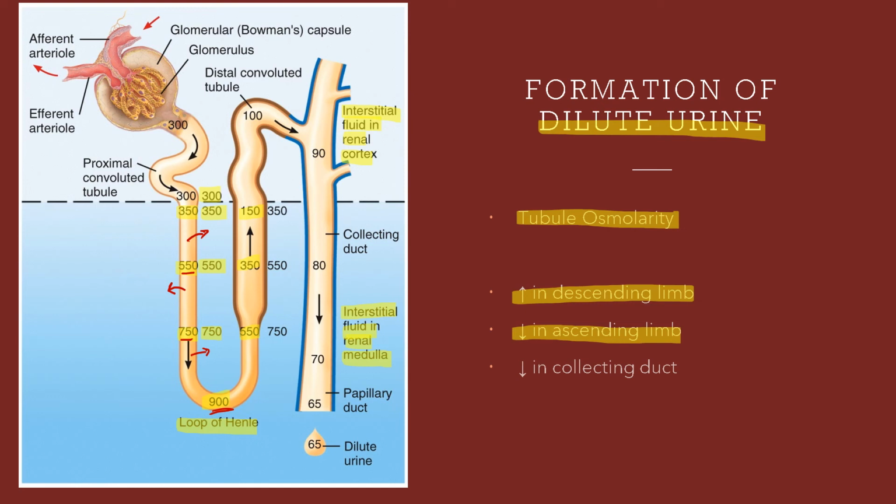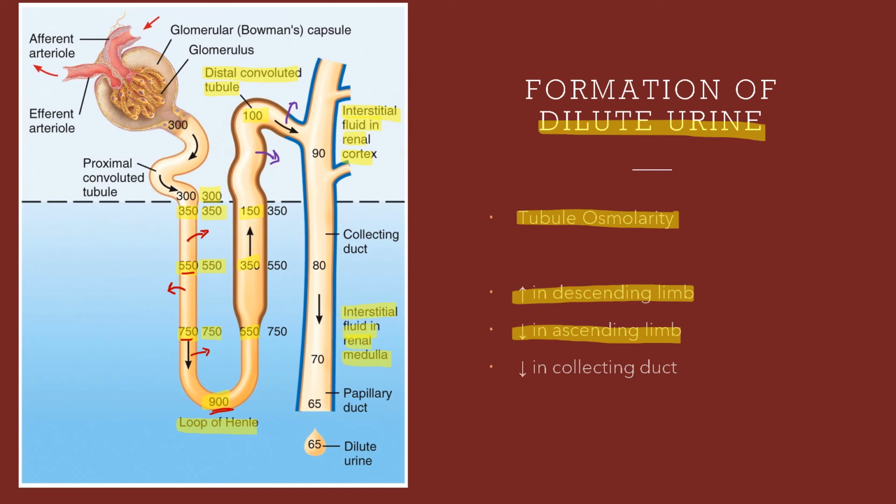And once we get to the distal convoluted tubule here, it's quite low already because more solutes are continuing to leave. They're continuing to be reabsorbed. So solutes are being reabsorbed here, but very few water molecules are being reabsorbed at this point. So lots of solutes leaving, but a lot of the water is staying within the tubule at this point in the nephron.